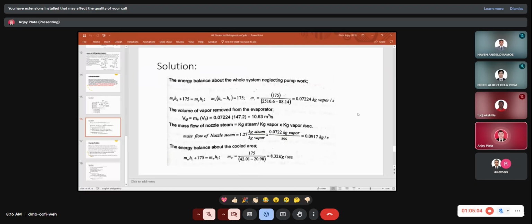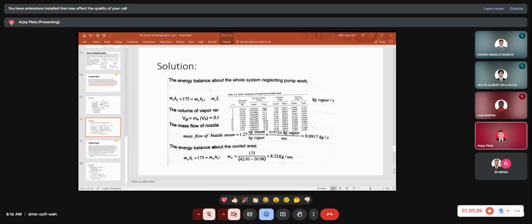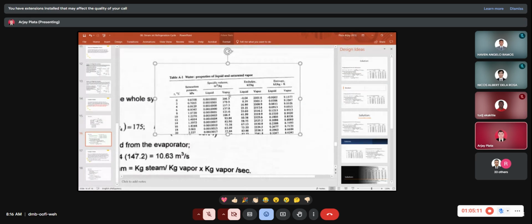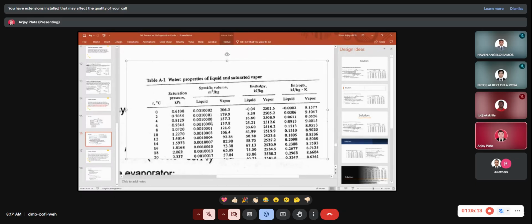Pwede nyo pa-interpolate nito. Ito yung water properties at saturated vapor. So, between 157.3 and 137.8, ano yung ating vapor at 5 degrees?